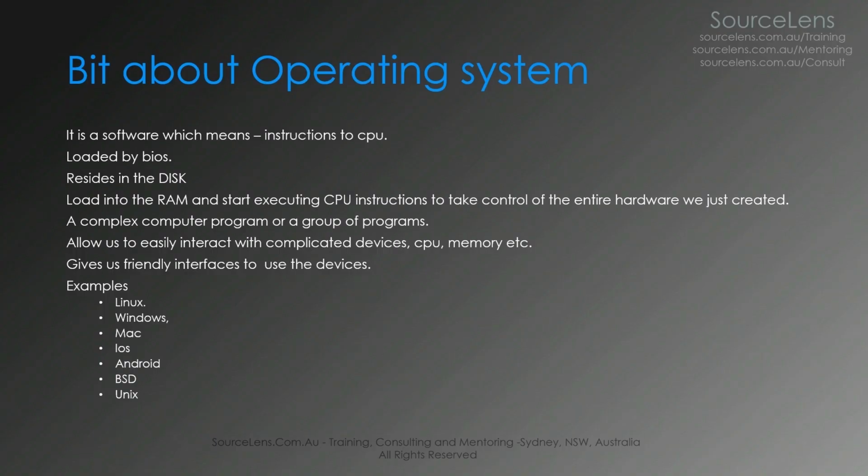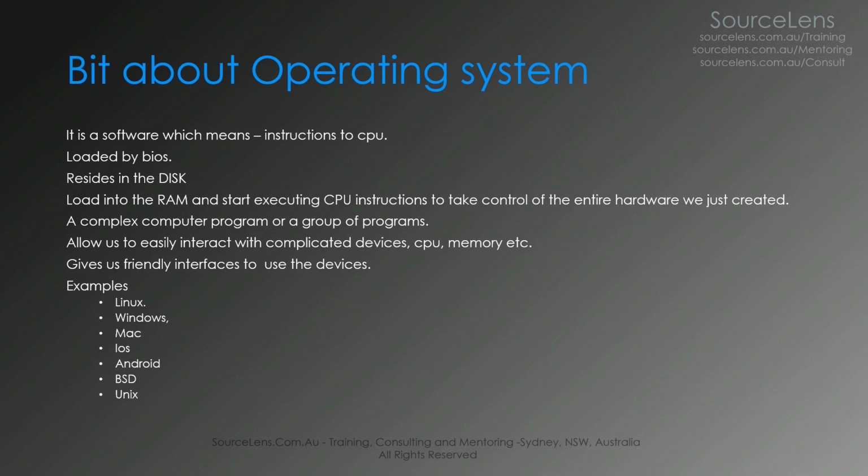There are tons of other devices, PCI controllers, USB controllers, you name it. All these devices are inbuilt into the motherboard and have to be handled by the operating system. So the operating system is pretty complicated that way.